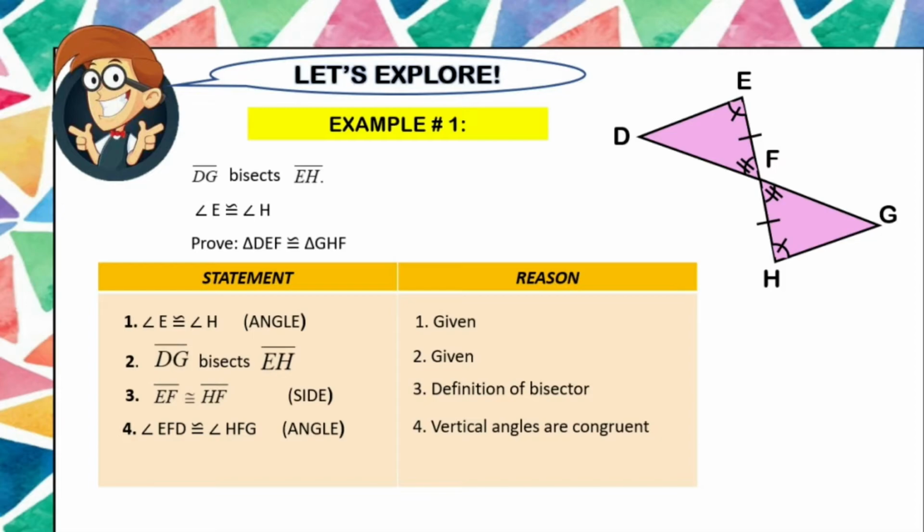Since two angles, angle E and angle EFD, and included side, segment EF, of triangle DEF are congruent to its respective two angles, angle H and angle GFH, and included side, segment FH, of triangle GHF. Therefore, triangle DEF is congruent to triangle GHF, and that is by ASA congruence postulate.